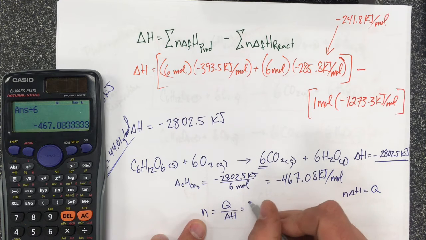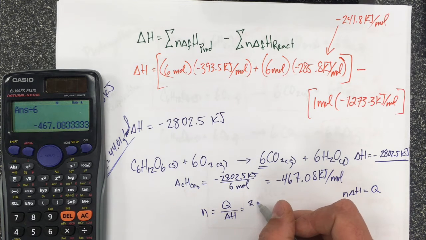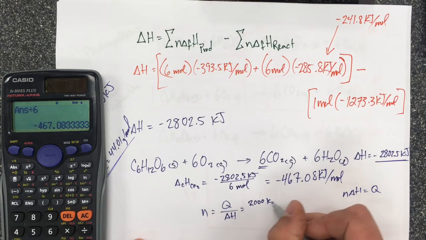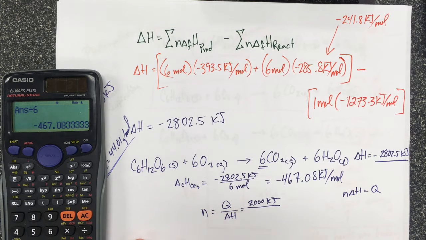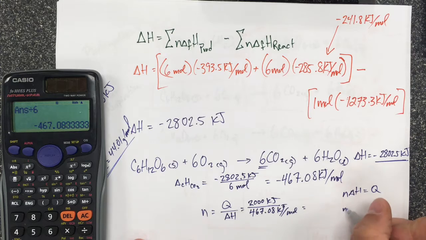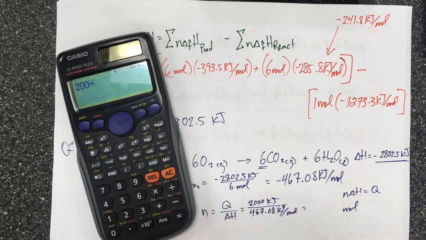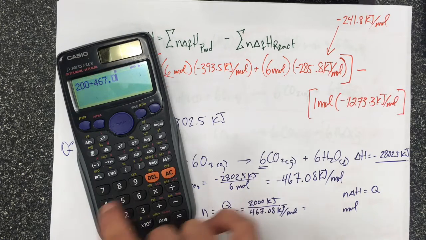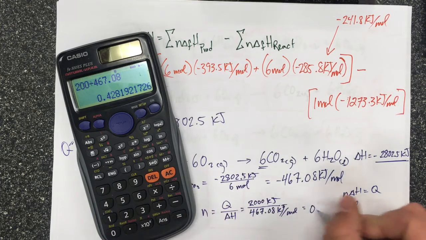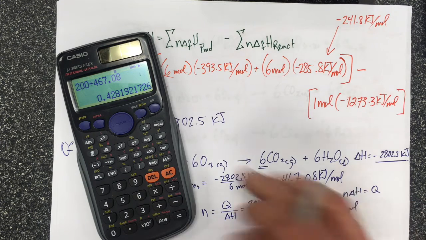And so I've got 2,000 kilojoules divided by 467.08 kilojoule per mole. And this is going to give me my mole of carbon dioxide. So if I take 2,000 divided by 467.08, I'm going to come out with... oh, I screwed that up.